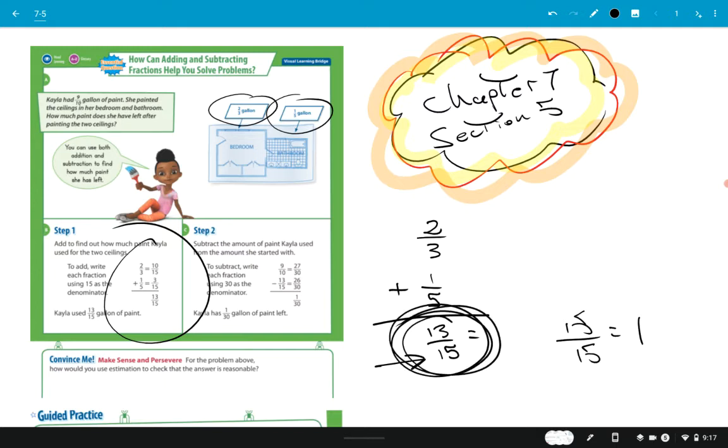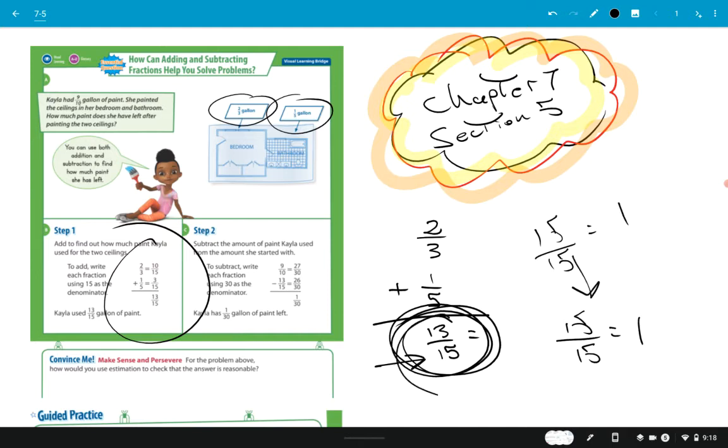So the question then is, how much paint is left over? This is how much paint she used. What's left over? 15 over 15 equals 1, which is what I had just said.